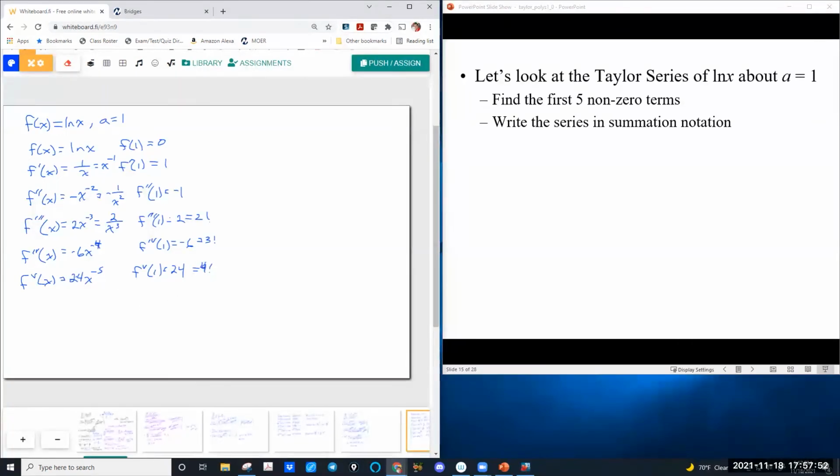So without doing any other work, we know that the sixth derivative at 1, well, it alternates back to negative. And now it'd be 5 factorial, which is 120. Not that we need that for this problem, but there's a lot of patterns going on here. So recognizing them helps us do some of these problems quick. They happen quite often. Now let's talk about how we put a Taylor polynomial together.